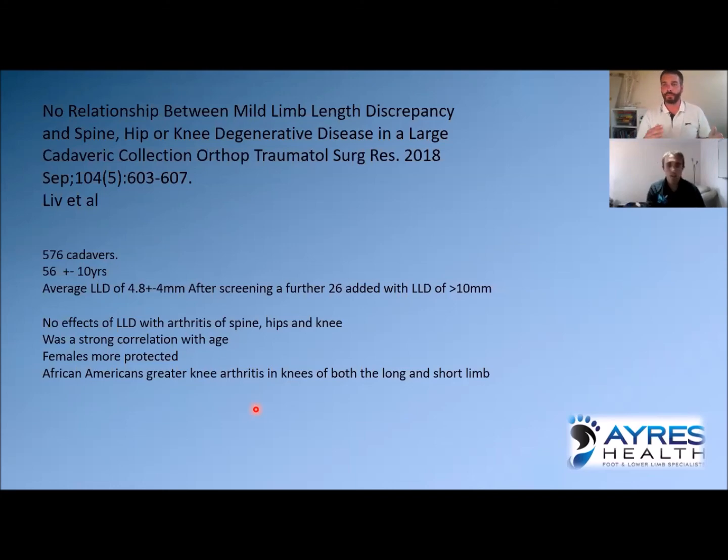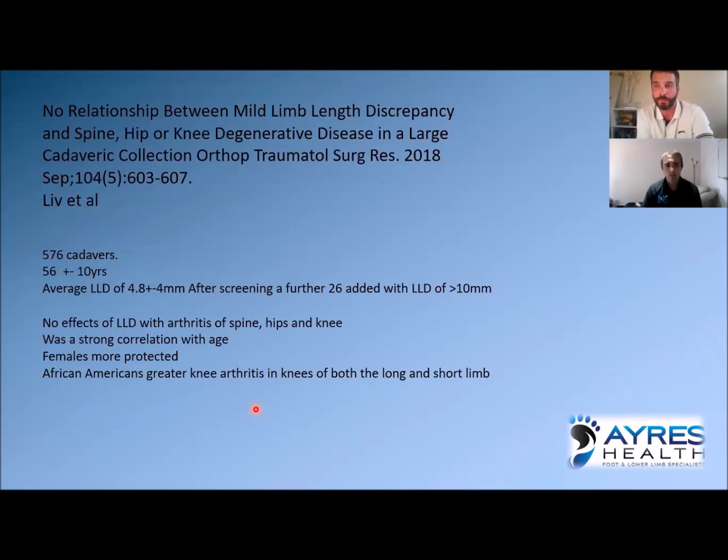Basically they couldn't tell which cadaver had a 10 millimeter difference in limb length by looking at the quality of those people's joints. However, there was a strong correlation with age, and that pretty much goes through most joint degeneration studies, that it's all linked with age rather than the skeletal system.